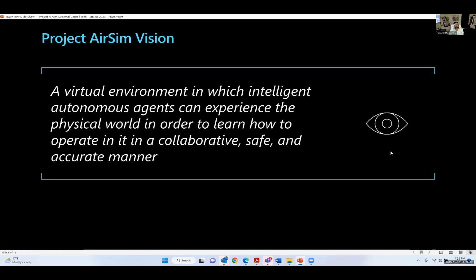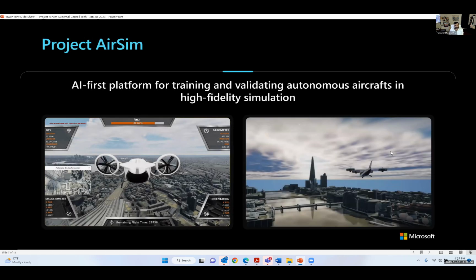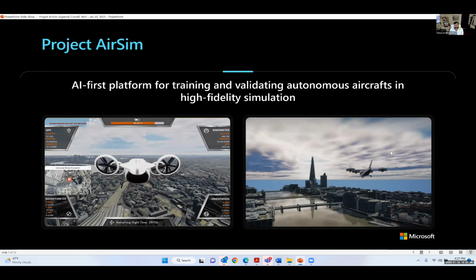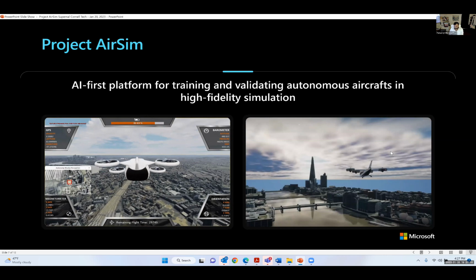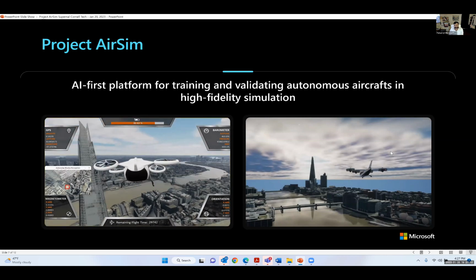And this was the founding vision of AirSim: a virtual environment in which intelligent autonomous agents can experience the physical world in order to learn how to operate in a collaborative, safe, and accurate manner. Now, AirSim is an AI-first simulation platform for training and validating autonomous aircraft in high-fidelity simulation.